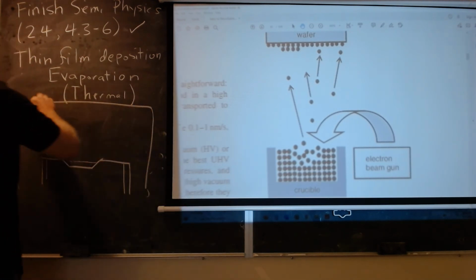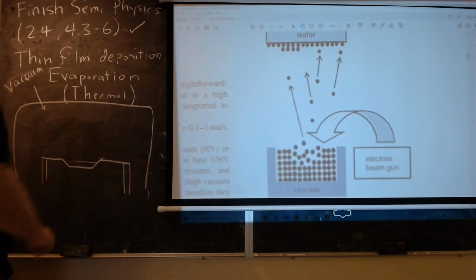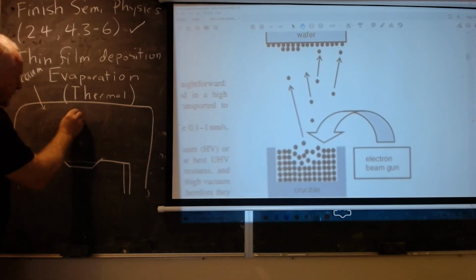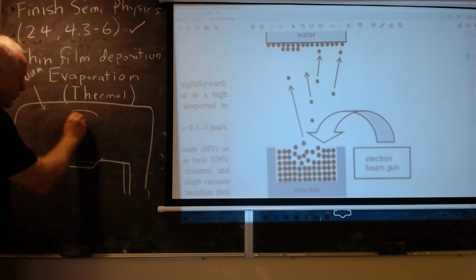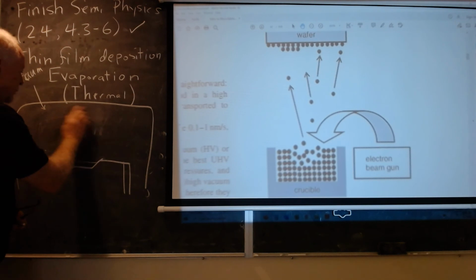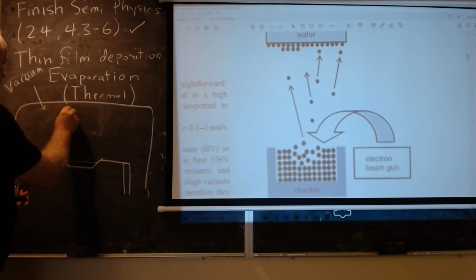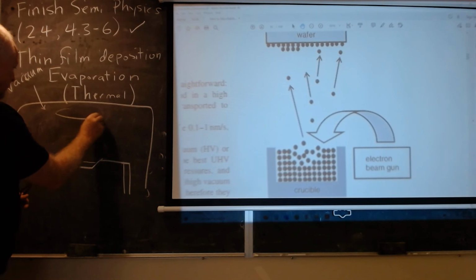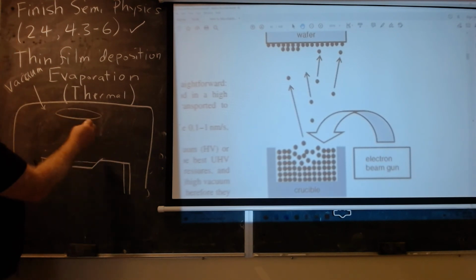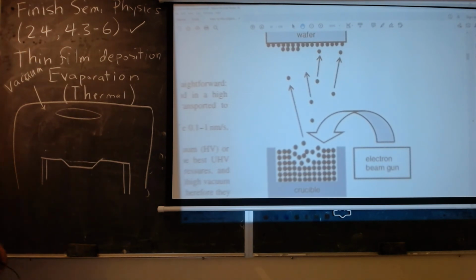So you have a vacuum chamber. And somehow you've suspended your wafer up here. That's a horrible drawing of a wafer. I'm trying to draw it as if you were seeing the back surface. You get the idea.